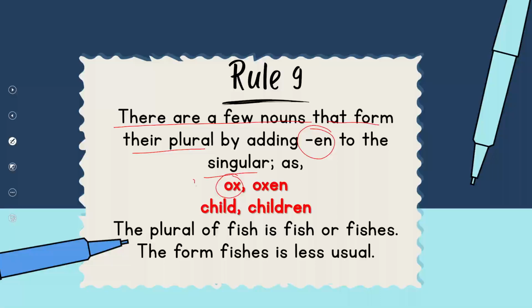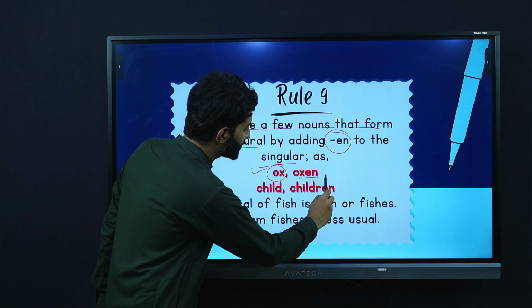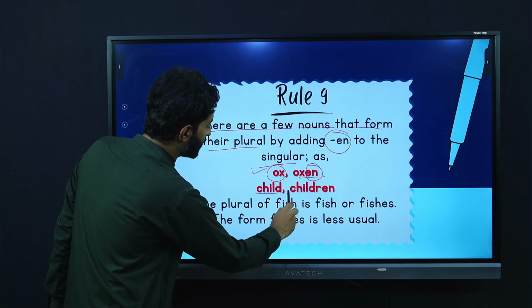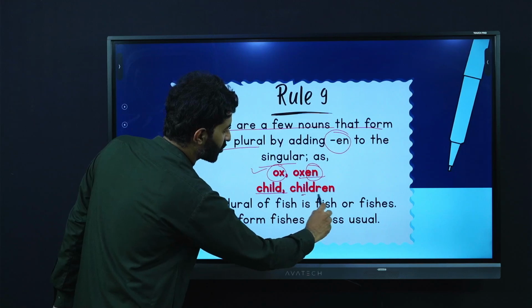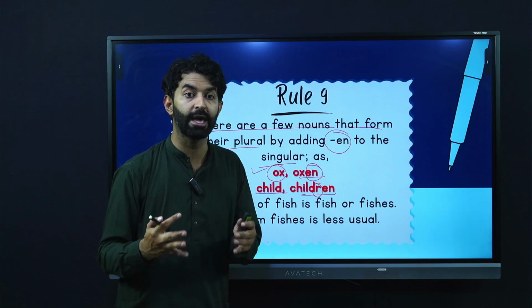Ox is an animal, as you know. If there is more than one, you will call it oxen. Child will become children, just adding an extra R and then adding your EN.